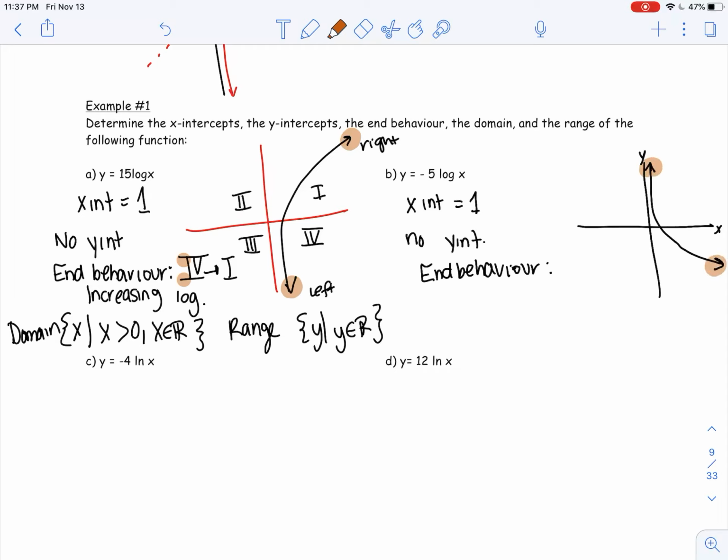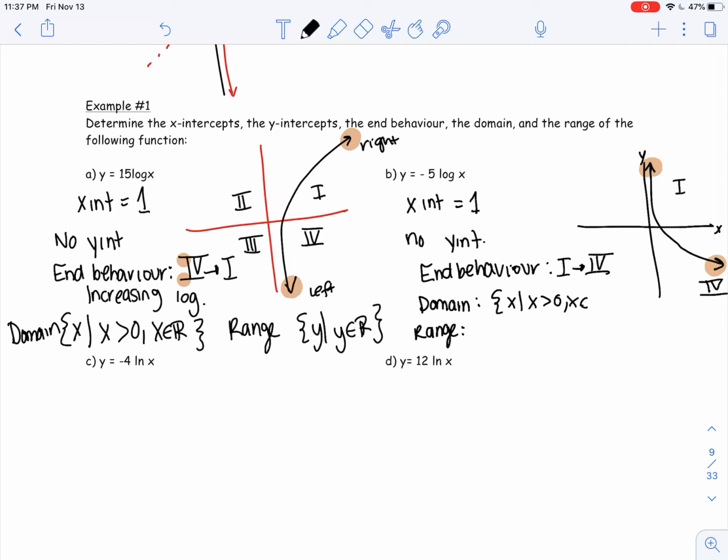The end behavior goes from, if you guys look, now the left end is up here and your right end is there. So it's actually going to go from quadrant number 1 to quadrant number 4 instead. So the left end is quadrant 1 and the right end is now in quadrant number 4. So it flipped. So you want to say 1 to 4. Domain will be the same, and so will the range be for the previous one.